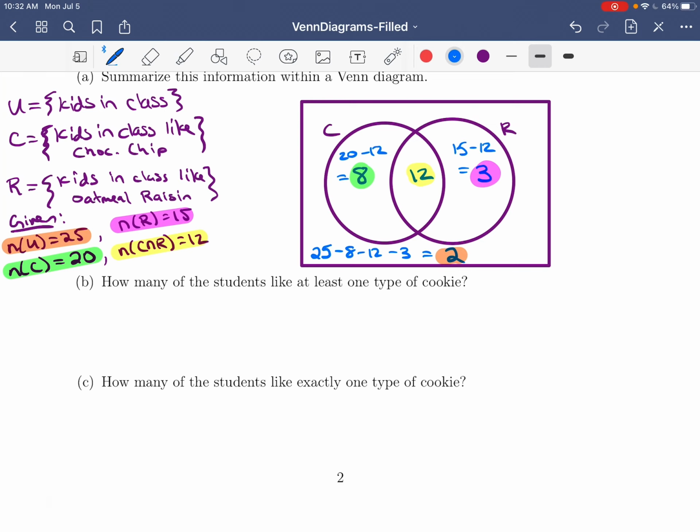So how many students like at least one type of cookie? So at least one means that they like chocolate chip or oatmeal raisin or both. So that's the union.